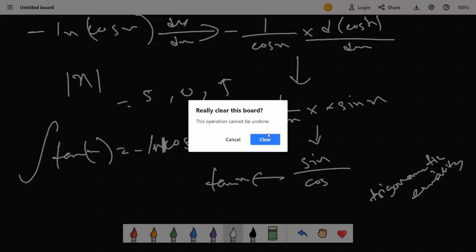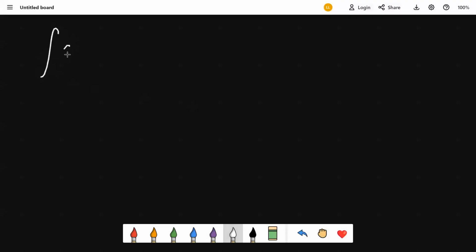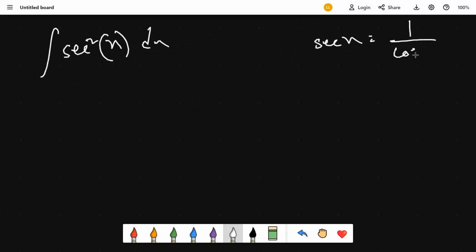Now come to the last one, which is sec square x dx. In our last lecture, I mentioned that sec x is simply 1 over cos x. Integrating sec square x has a deeper meaning, because just writing 1 by cos square x and doing the calculation won't give us the correct result.